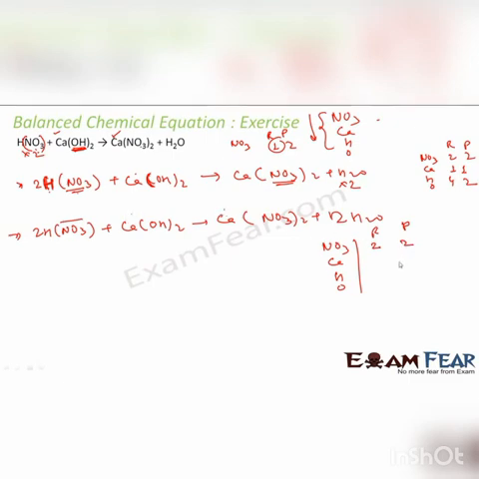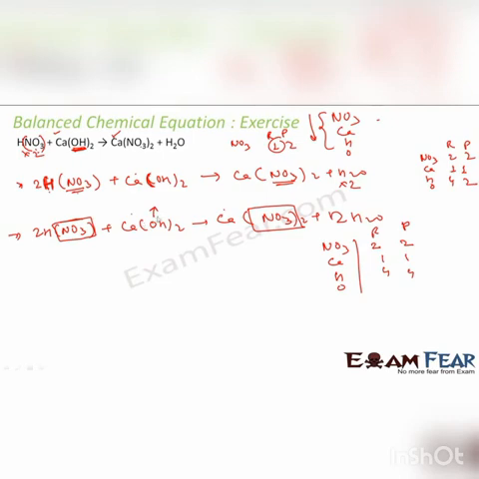Calcium we have 1 here and 1 here. Hydrogen we have 2 plus 2, 4 here, and here we have 4. Now oxygen: please note, we will not take the oxygen in NO3, because it is already counted as part of NO3. But we'll take this oxygen.